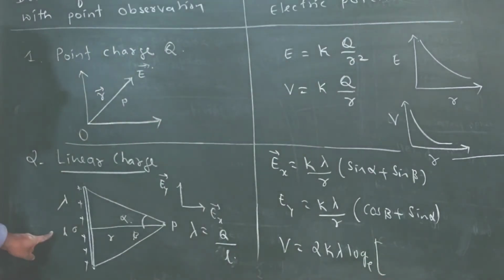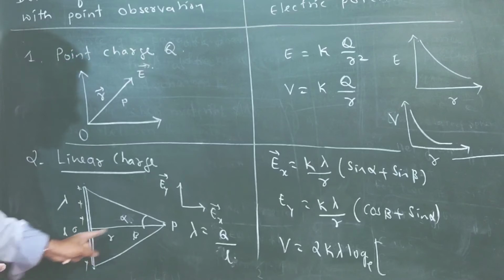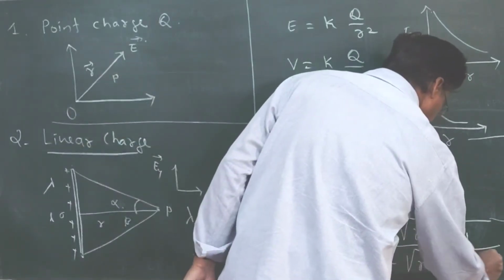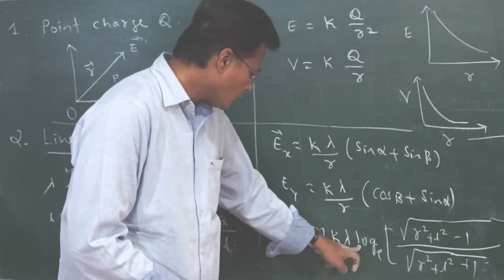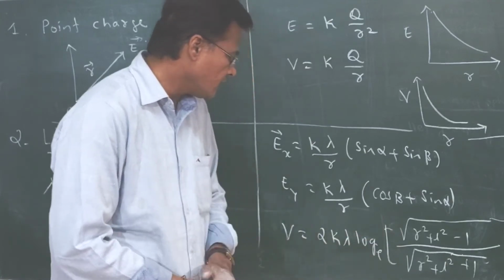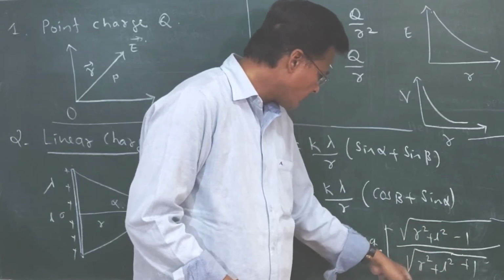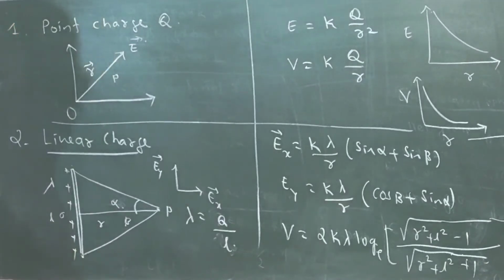L is the length of the conductor, R is the distance from that conductor to the observation point P. So that is the equation. V equal to 2K lambda log to the base e, square bracket, square root of R square plus L square minus L, divided by square root of R square plus L square plus L. That formula we are using.